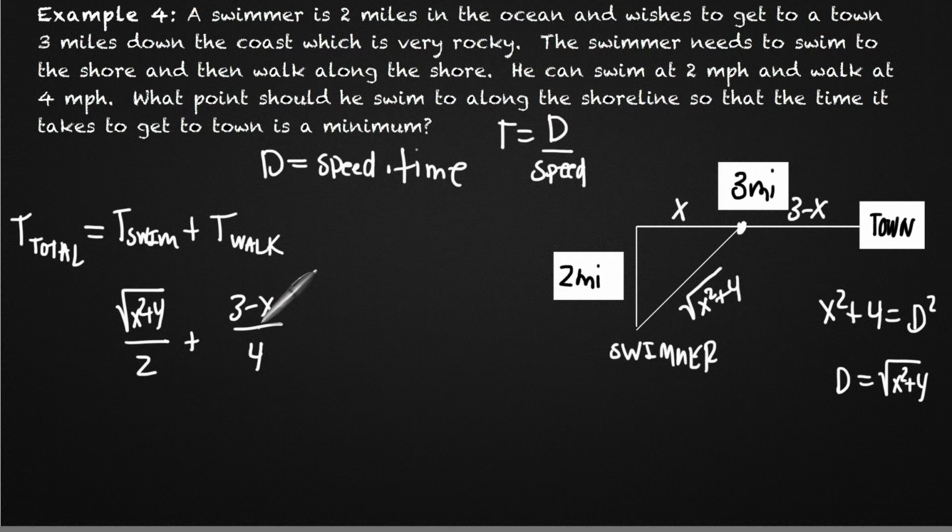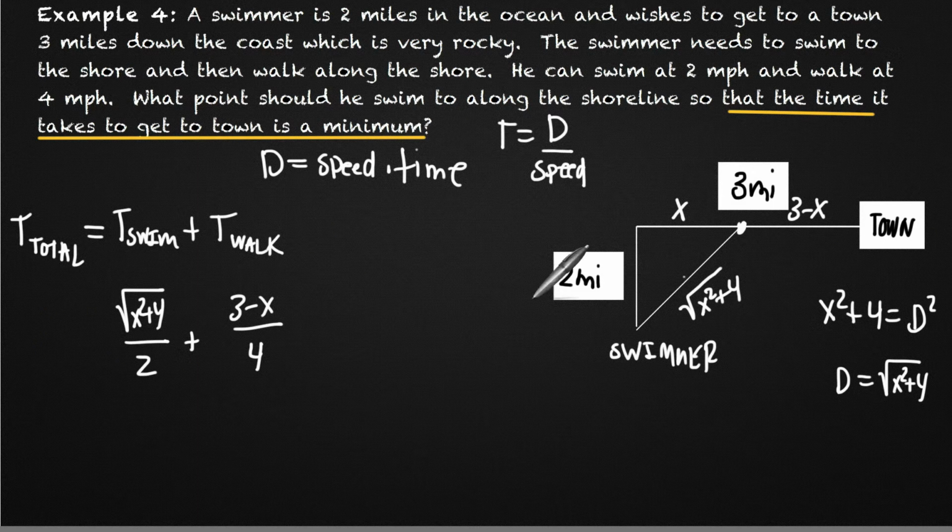All right. So now that we have that, we want to find, well, let's underline it, the minimum time. We want the time it takes him to be a minimum. So therefore, we need to take the derivative of this.